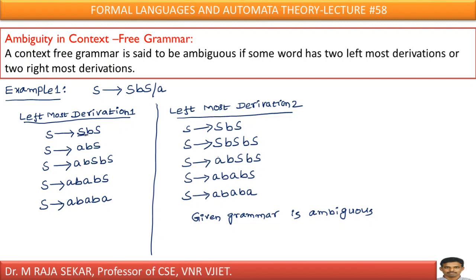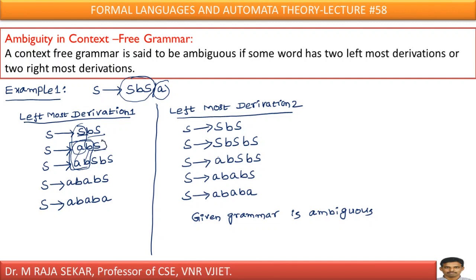In the place of S, either I can write SBS or I can write A. Let me assume I am writing A. Therefore, in the place of S, I am writing A. This BS stays as it is. Now, small a as it is I am copying, small b as it is. Why? Because these two letters are terminals, which cannot have productions.